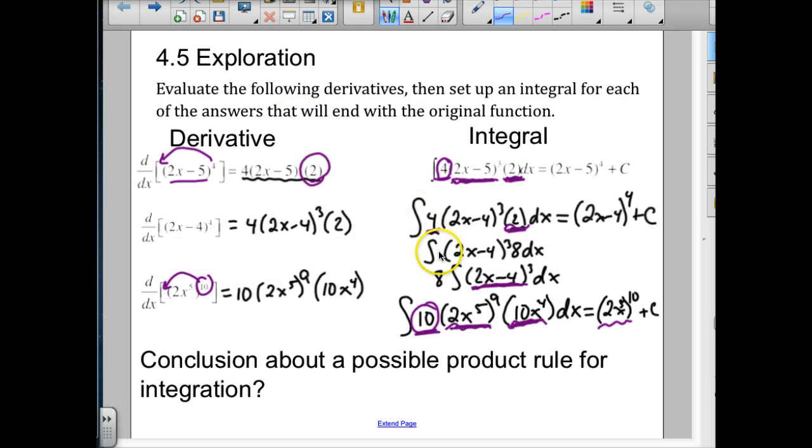Because remember, this 10 wasn't there anymore, this 4 wasn't there anymore. So when we added 1 to the exponent, we divided by the new exponent. Those canceled out, and we had a 10. But also we need this derivative. So not only are we trying to find a possible power rule, but also a possible chain rule for integrating, using composite functions.